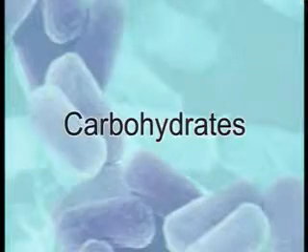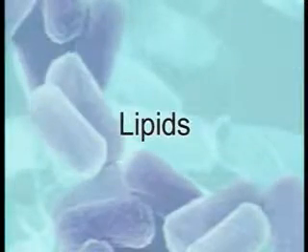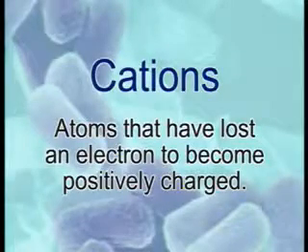The first six, carbon, hydrogen, oxygen, nitrogen, sulfur, and phosphorus, are the components of nutrients like carbohydrates, lipids, proteins, and nucleic acids. The remaining four macroelements exist in the cell as cations and play a variety of roles.